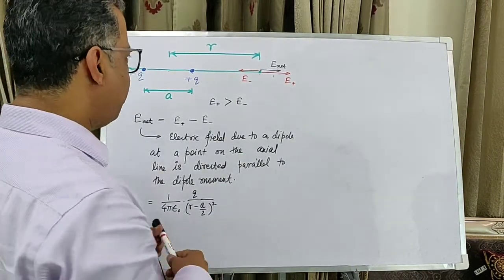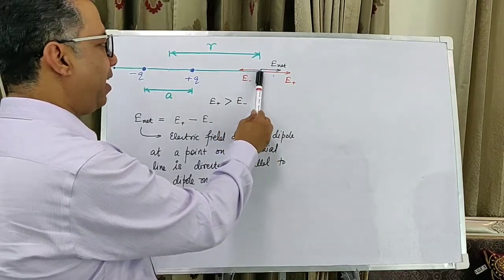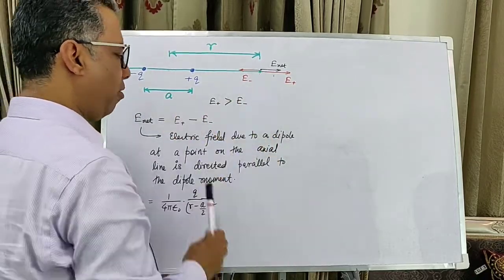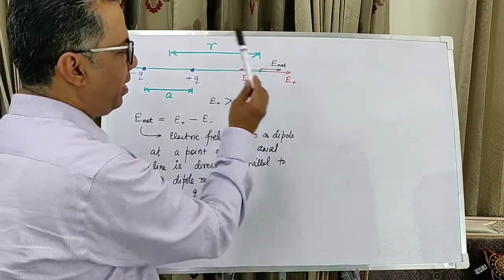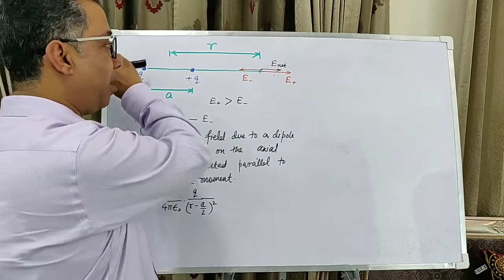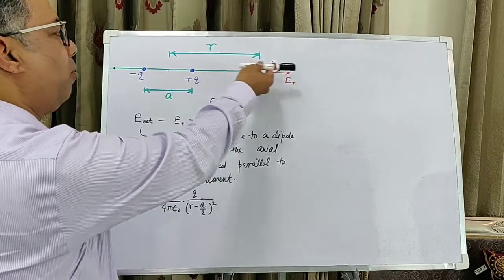So now what we figured out is that the electric field at a point on the axial line of a dipole is directed along the direction of the dipole moment.